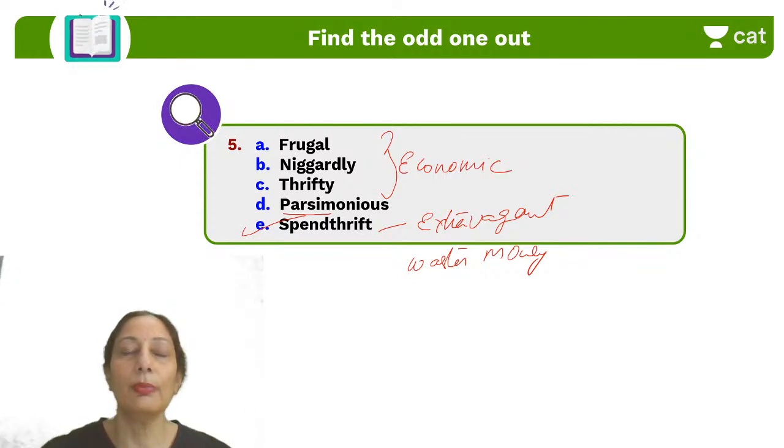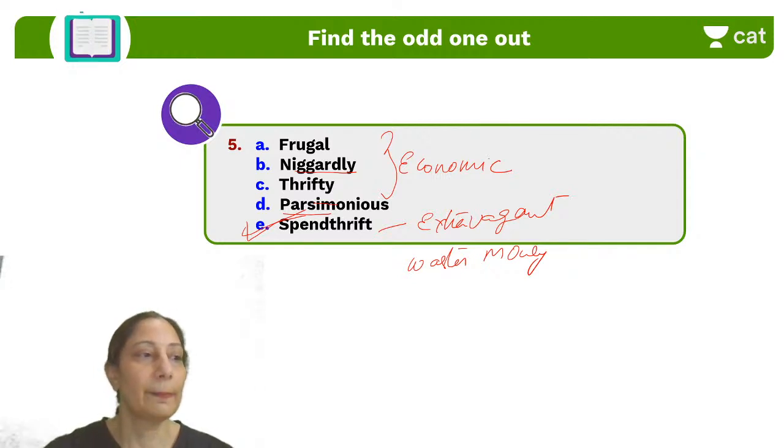Parsimonious and niggardly mean being very stingy. Thrifty means spending money very carefully. He's a very frugal spender, that means he does not spend too much money. Therefore, the answer is spendthrift.